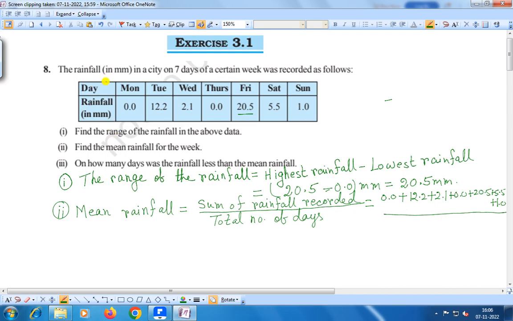The number of days is Monday, Tuesday, Wednesday, Thursday, Friday, Saturday, Sunday, that is divided by 7.